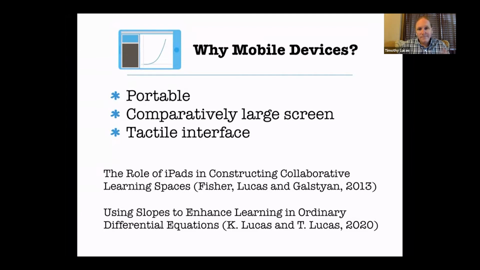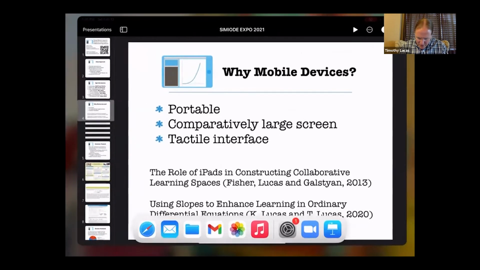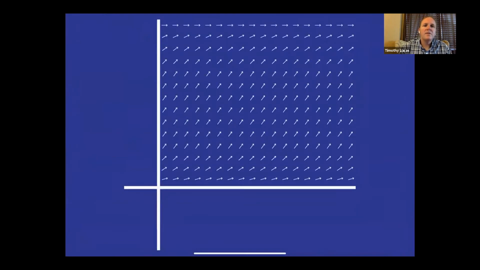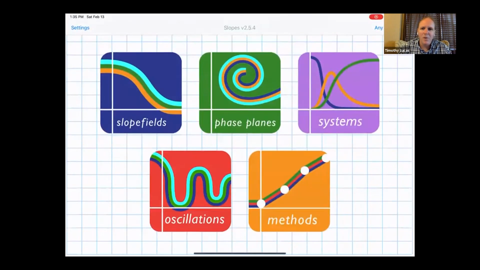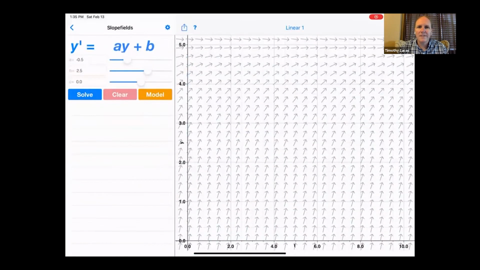So let me just jump into Slopes. So, okay. This is the Slopes app on the iPad. It shows a little bit more than it does if you're looking at it on the iPhone in terms of things that you can see on the screen at once.